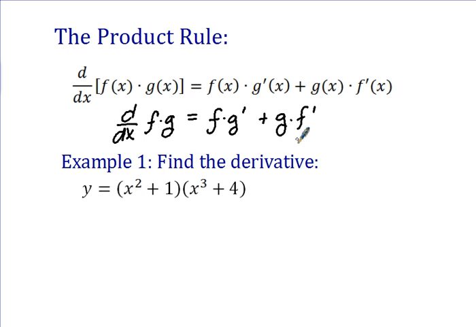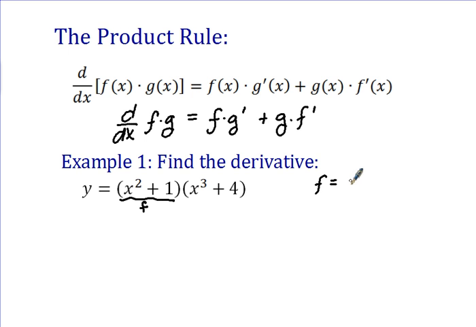So let's see if we can use this rule with this first example. y is equal to x squared plus 1 times x cubed plus 4. What I want to do on this first example is just list out all these different parts that we need to plug into the rule. This first function here is going to be f.